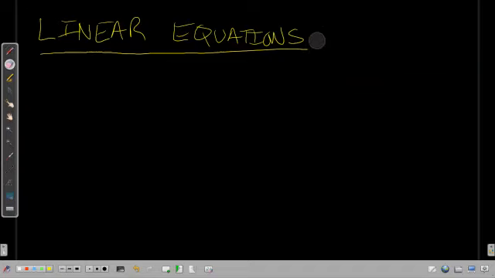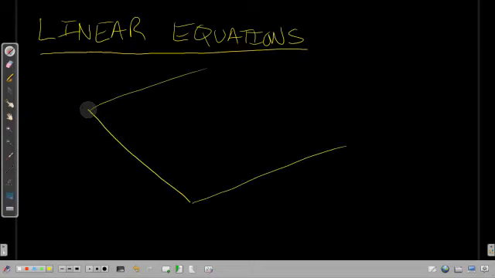And let's start with some ideas. So a long time ago, a mathematician named René Descartes, French mathematician, 1600s, visualized a flat plane.